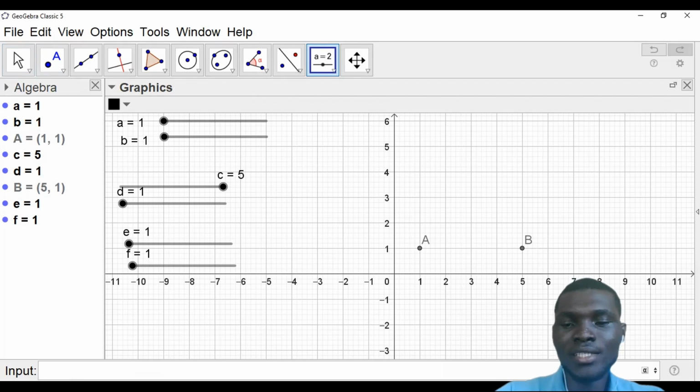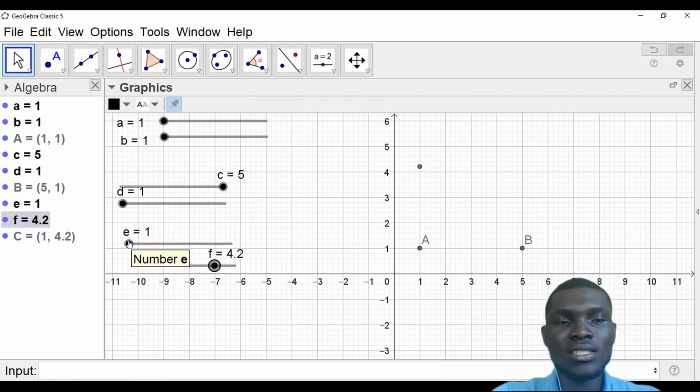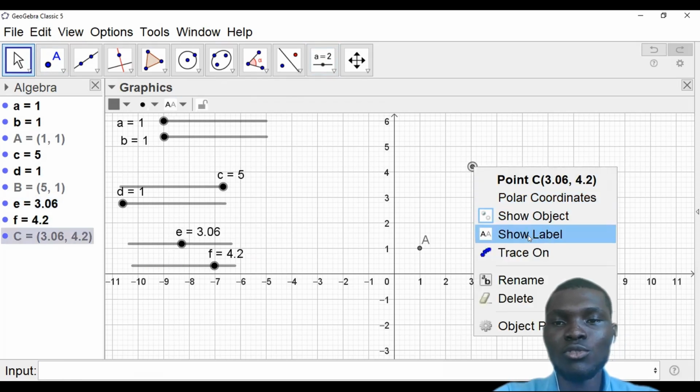And I'm going to create a point with these two. So E, comma F. Good. So let me move it horizontally, then vertically, then horizontally. Good. So now I have these 3 points created by my sliders. Good. Let me show label.